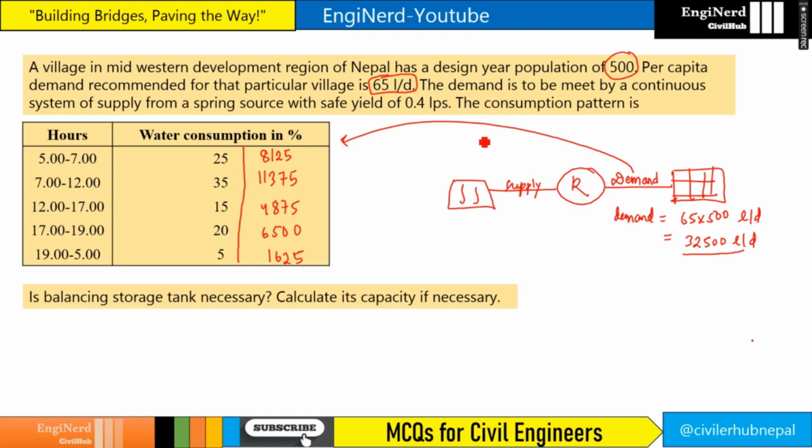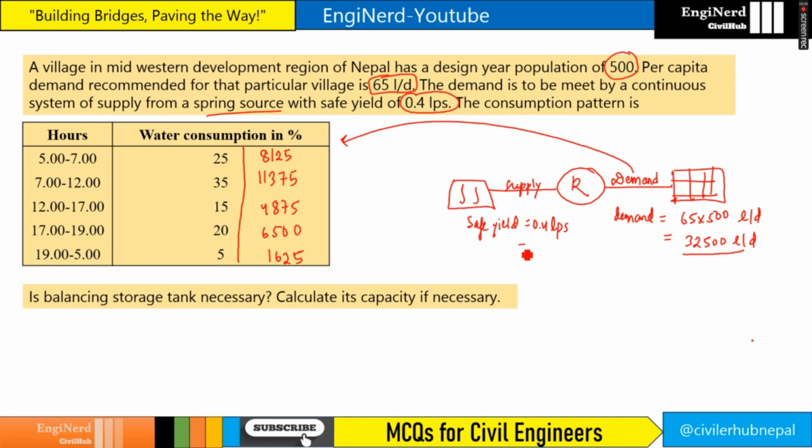Now for the supply part, it is said that the demand is to be met by a continuous system of supply from a spring source with safe yield of 0.4 LPS. So safe yield is given. Safe yield is the minimum value that can be supplied, the minimum yield that can be provided by the particular spring source, right? So it will be 0.4 LPS.